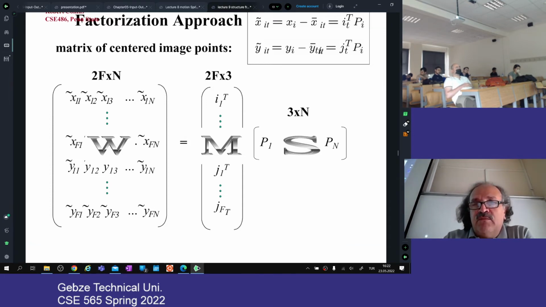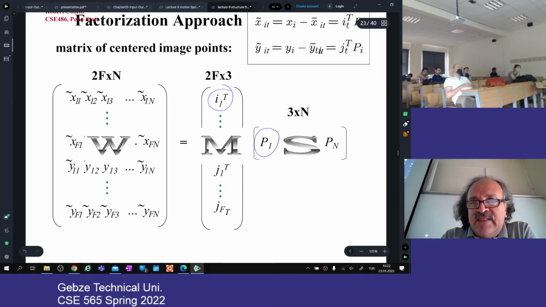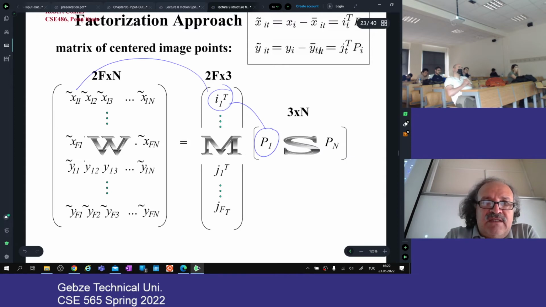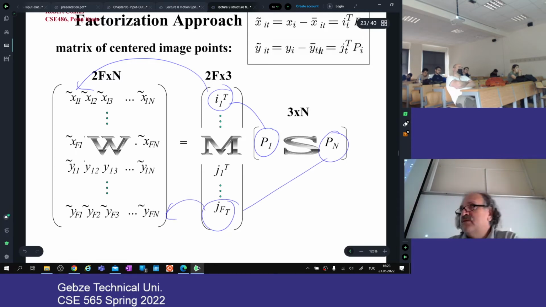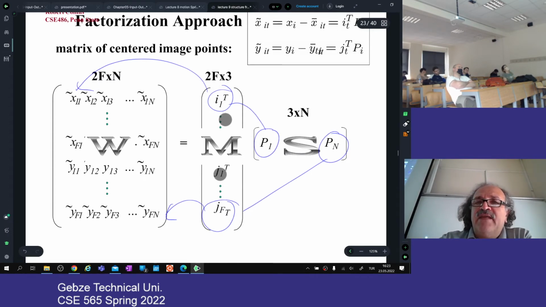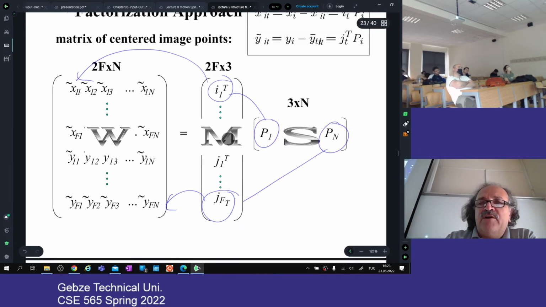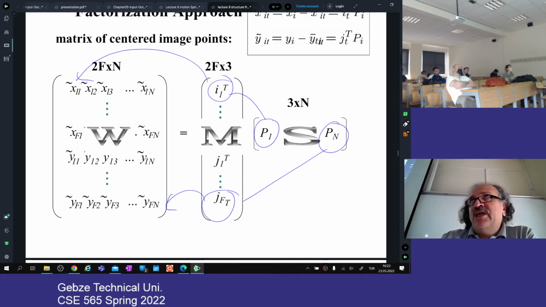Okay, so multiply this with this, write it here. Okay, and multiply this with this and write it here. Just a simple matrix multiplication. This is 3 rows by n columns, and this is 2f rows by 3 columns. Why? Because for i and j, I have 2 components of R, right?